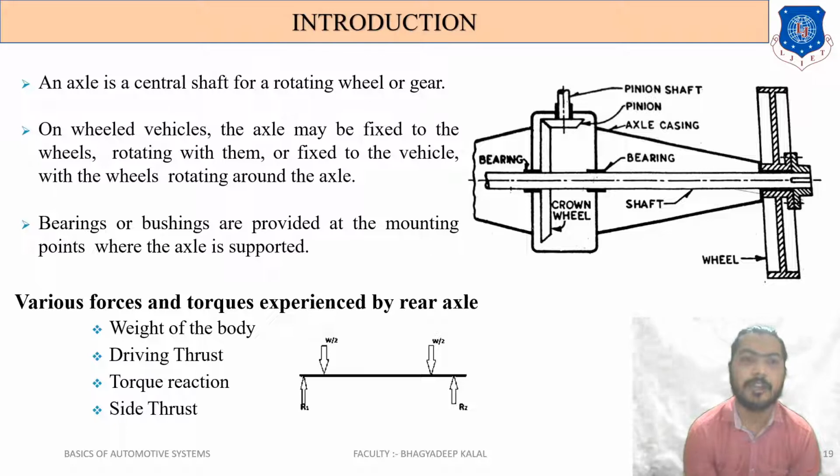The various forces and torques experienced by rear axles are: weight of the body, driving thrust, torque reaction, and side thrust. Let us understand them one by one. First, weight of the body.